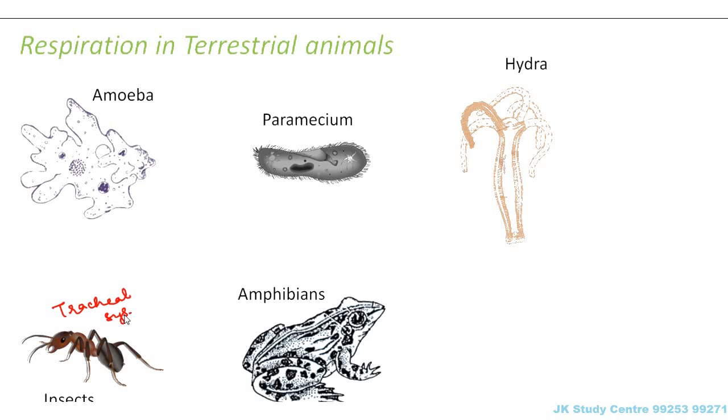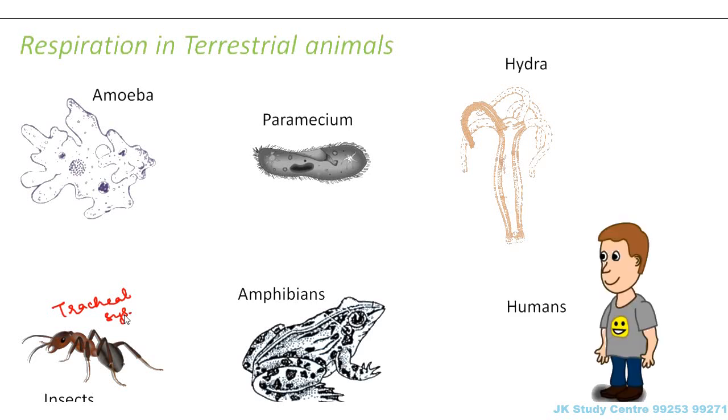Their skin acts as a medium for diffusion of gases. In case of human beings, we have lungs. In amphibians, we have lungs as well as skin. Now in all these, we do not have any specialized organs. Their body surface acts as the respiratory surface.